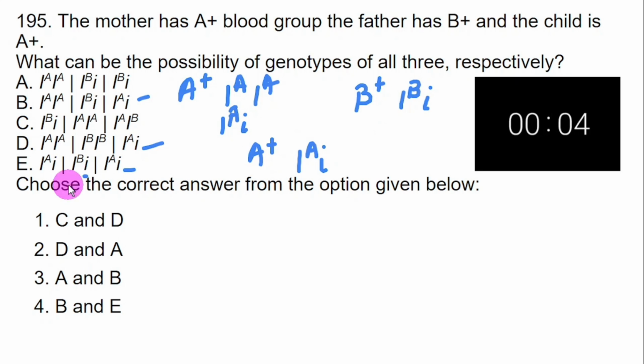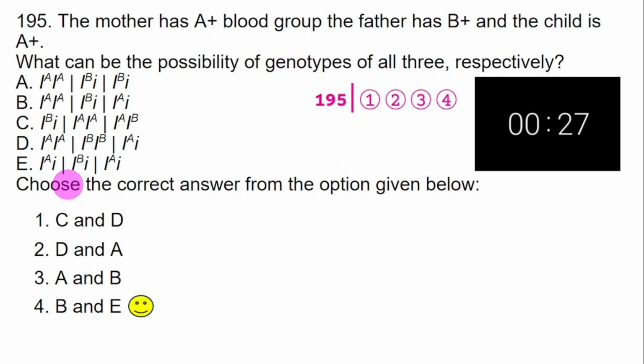So here we see heterozygous B over here. And this is homozygous. So we rule this out. And the other one is also heterozygous. And in case of mother, homozygous, yes. And this is heterozygous. Okay, so the answer is B and E. Option number 4. Mark it on the OMR sheet. 195 is 4. So we attempted this question in around 1 minute 30 seconds.